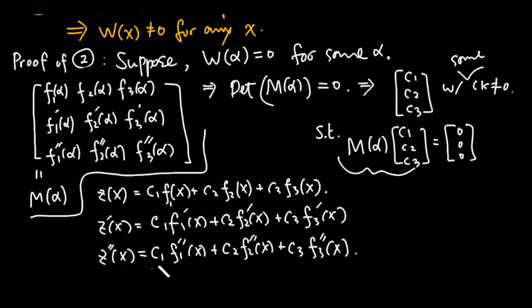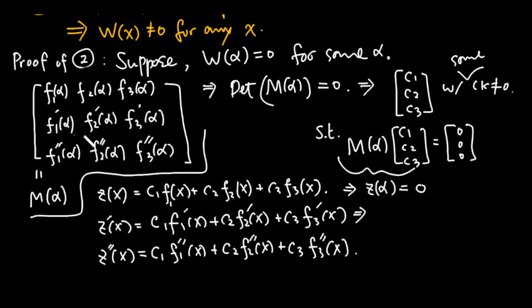We have a statement about these things when x is alpha, because alpha is plugged in here. So think about it again. C1 and C2 and C3 are multiplied in here and there and over there, and all of these things are supposed to be 0. So if you plug in x equals alpha, this top row becomes 0.